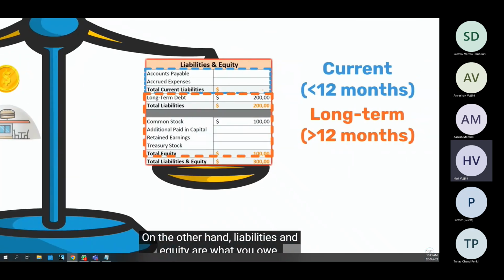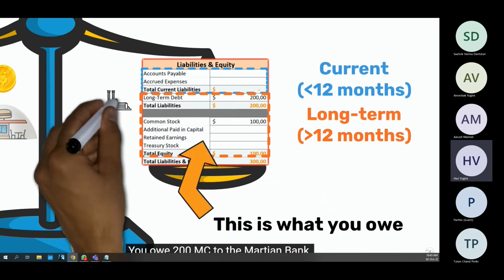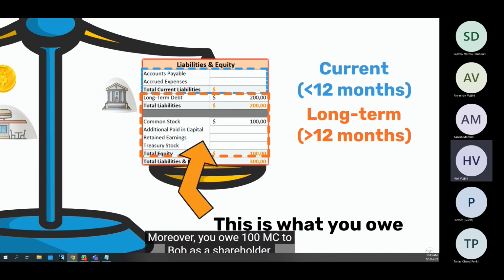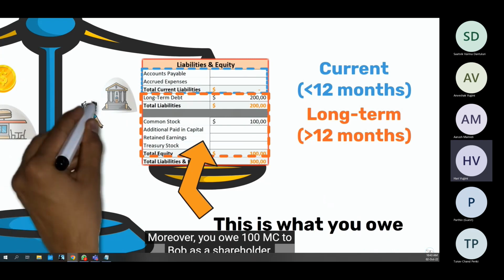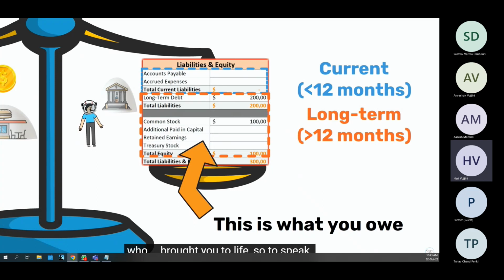On the other hand, liabilities and equity are what you owe. You owe 200 MC to the Martian Bank, a long-term liability. Moreover, you owe 100 MC to Bob as a shareholder, who brought you to life, so to speak.